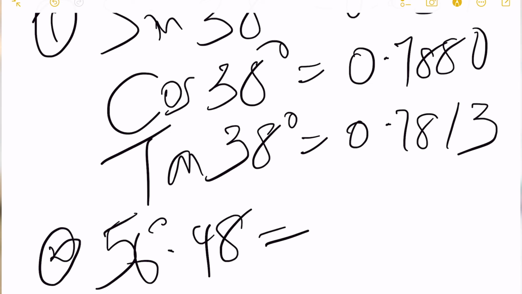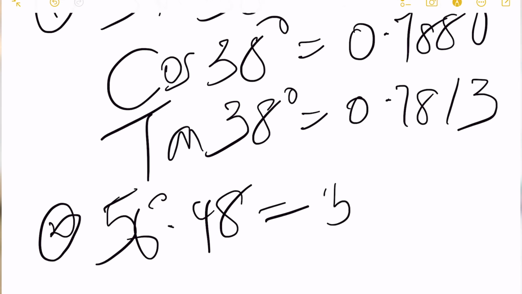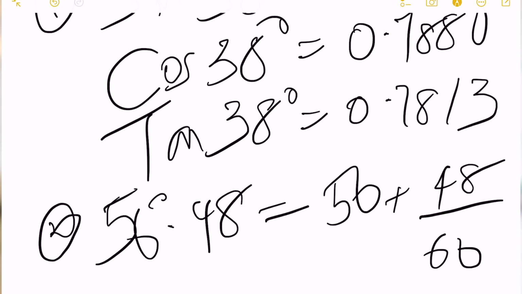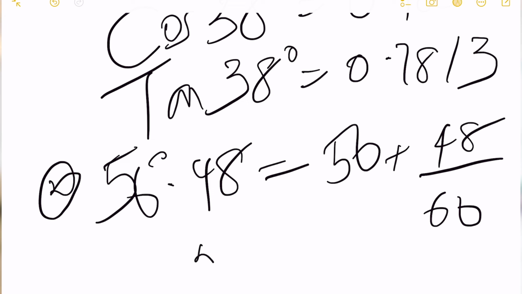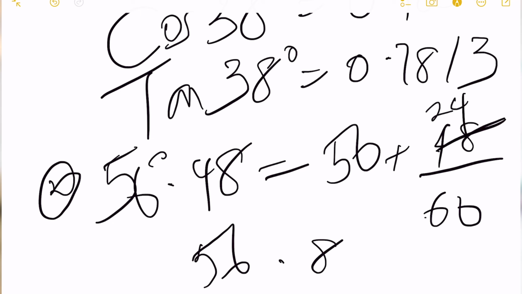Now, for the second question, here we have 56.48. So for the case where we have 56.48, we have it to be 56 plus 48 over 60. Here we have this to be 56.8. Now, how do we get that? 2 here to be 30, 2 here to be 12, 2 here to be 15.